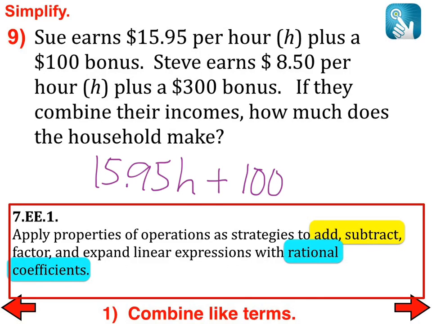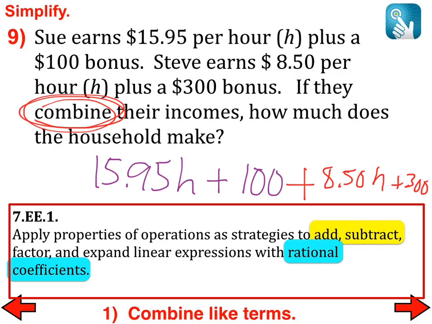Now, how about that second sentence? What could we do? If you put 8.50x, I mean 8.50h plus 100. All right, and then what am I supposed to do with these two things? Well, it says if they combine their incomes, combining something, if you combine money in your left pocket to money in your right-hand pocket, you would be adding those two things together.